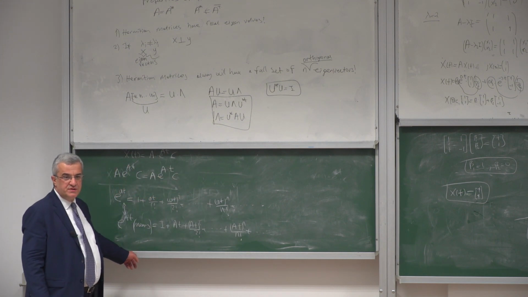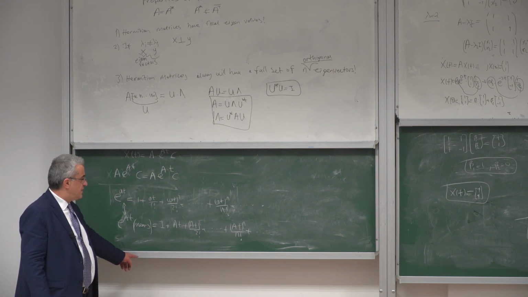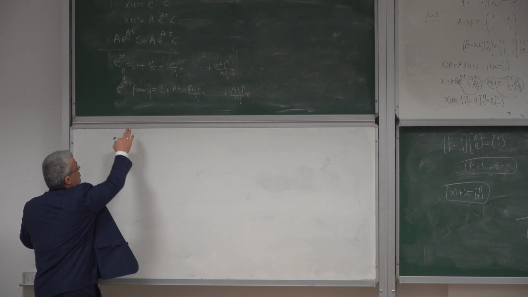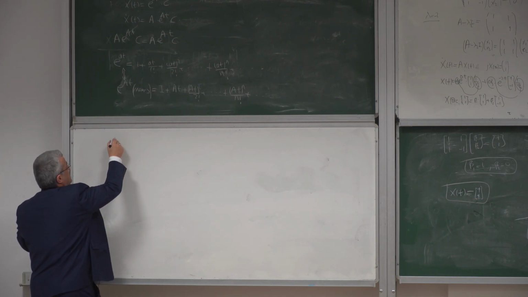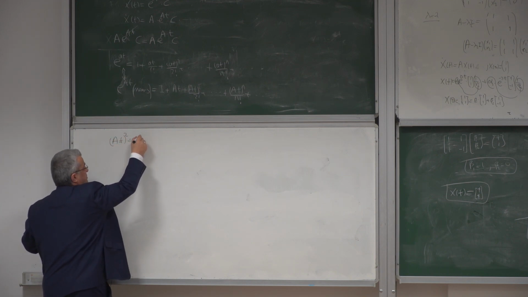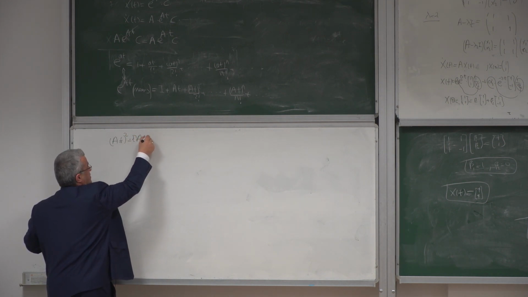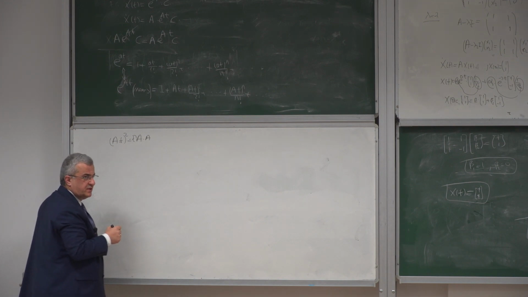This is what it means. Okay? So now let's say, what does AT squared mean? We know this is matrix multiplication. So AT is a scalar, so T squared times A times A. That's what it means, right?